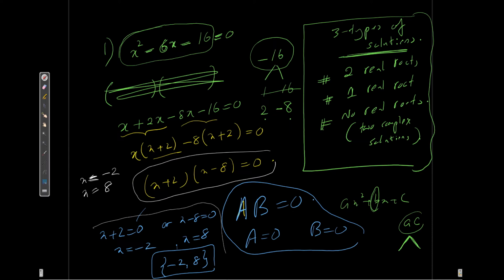A common mistake I have seen over time is that students will just say x is 2 and x is negative 8, because here is the negative sign and here the positive sign. No, it switches because you make it equal to 0. So x is going to be negative 2 and x is going to be positive 8. This is the correct one. Now let's see another example.